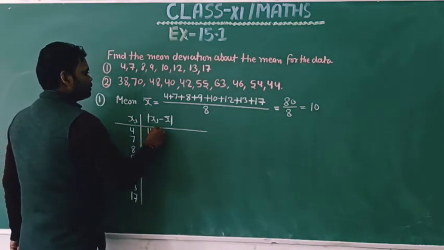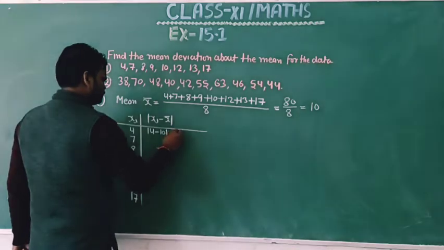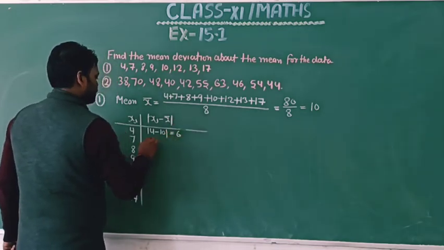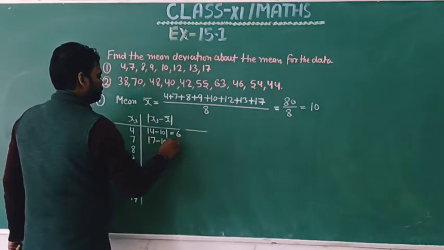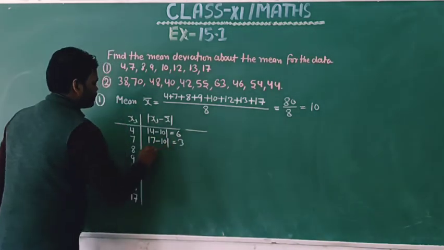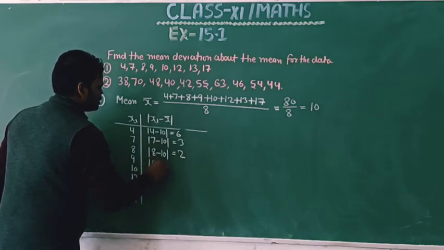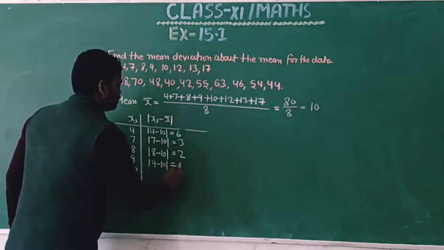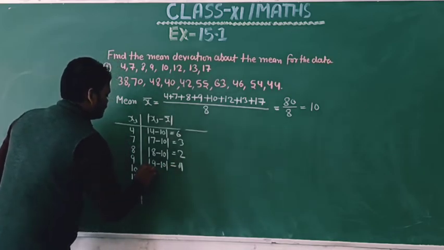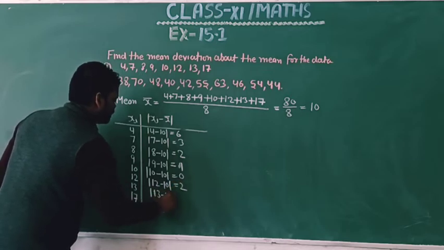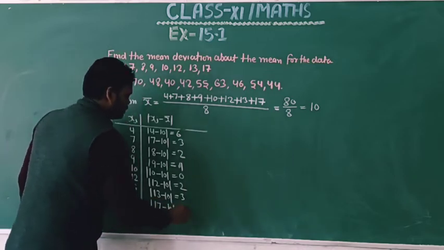Mod 4 minus 10 is 6, mod 7 minus 10 is 3, mod 8 minus 10 is 2, mod 9 minus 10 is 1, mod 10 minus 10 is 0, mod 12 minus 10 is 2, mod 13 minus 10 is 3, and mod 17 minus 10 is 7.